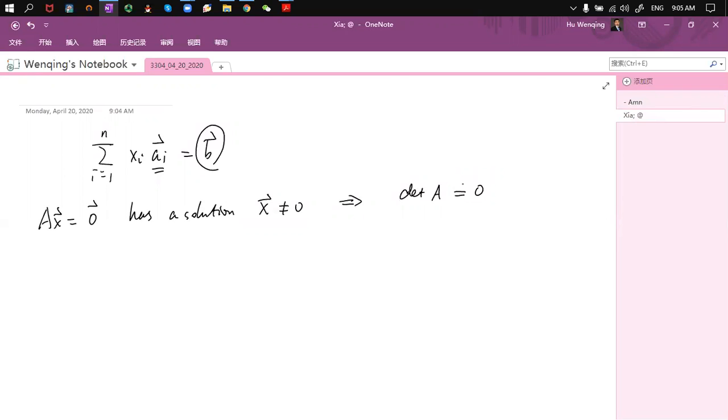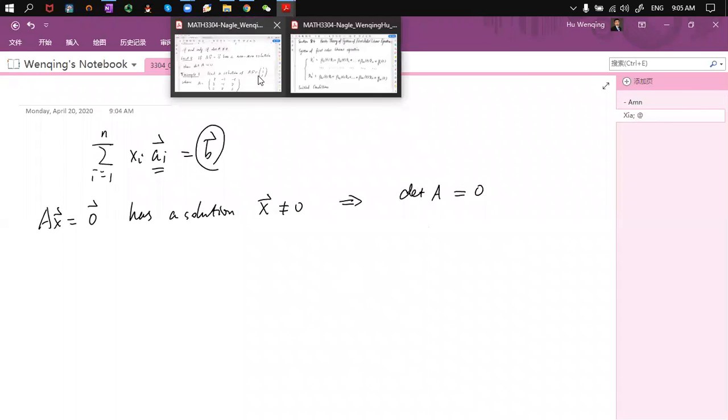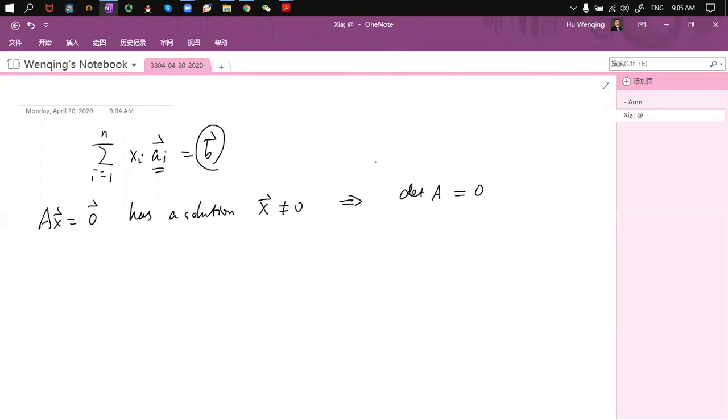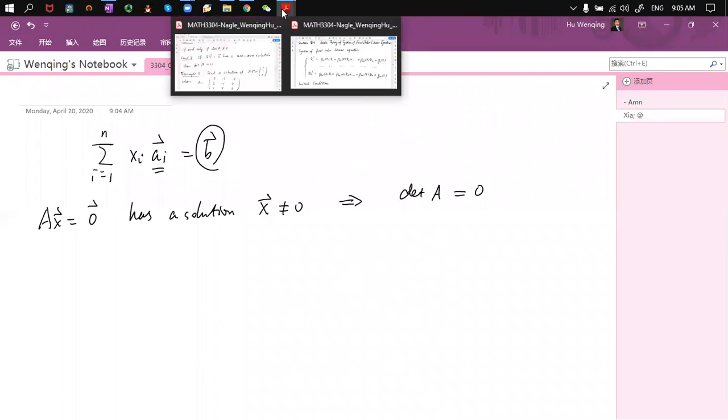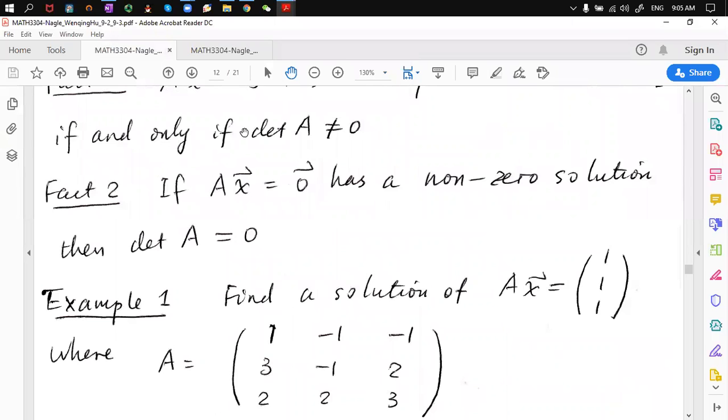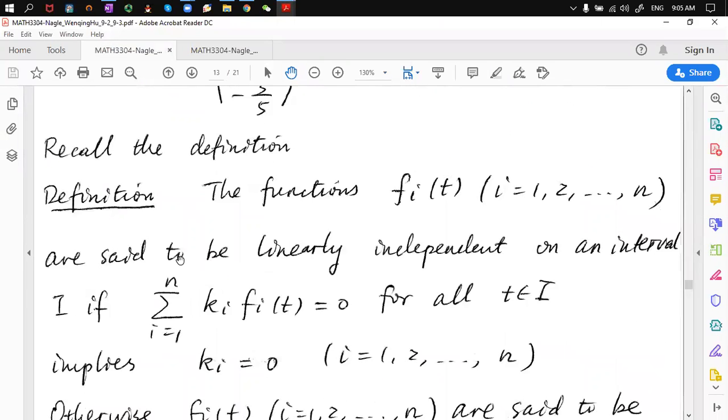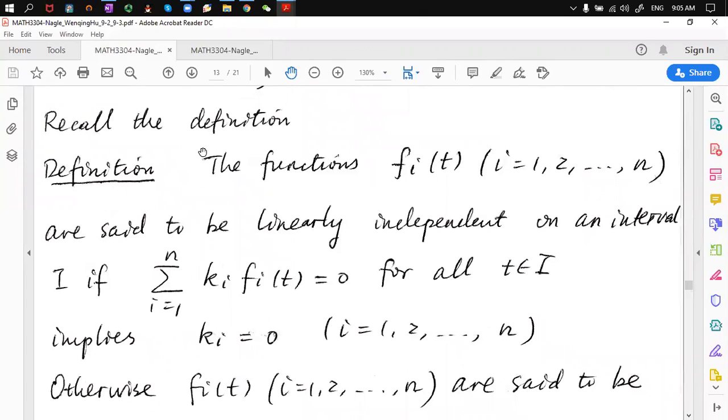So this calls upon the notion of linear independence and linear dependence. Let us recall the definition about linearly independent solution functions, which we learned in the Wronskian chapter.